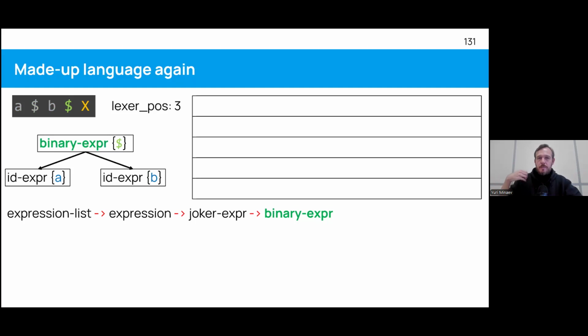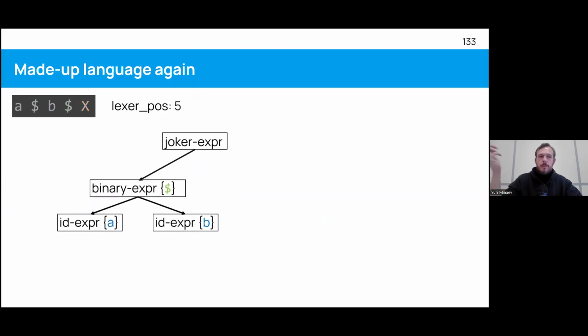Okay, so we move then our position, and here we see X. That's just what the joker expects. And we are successfully, in linear time, having parsed that expression.